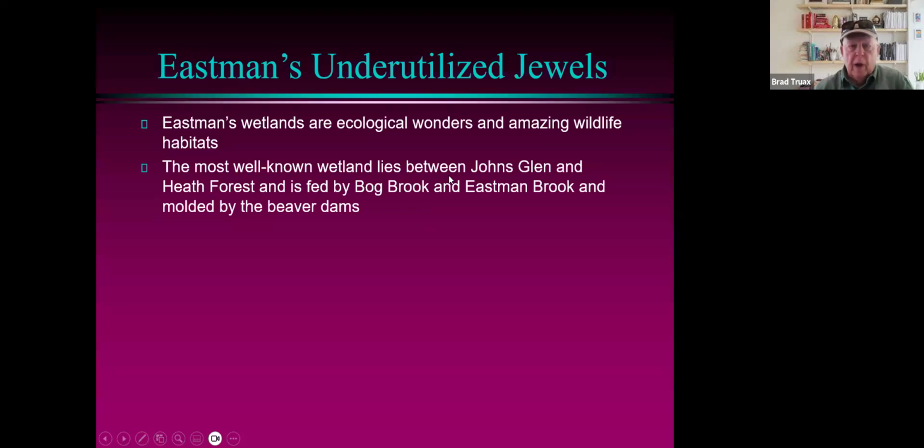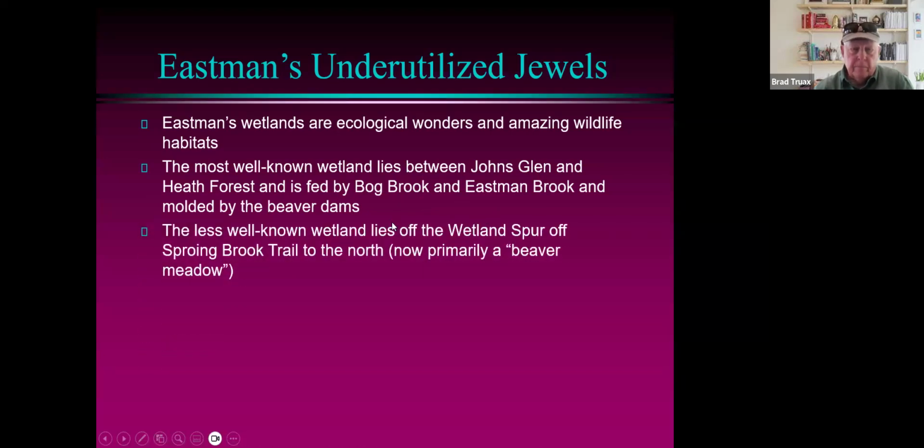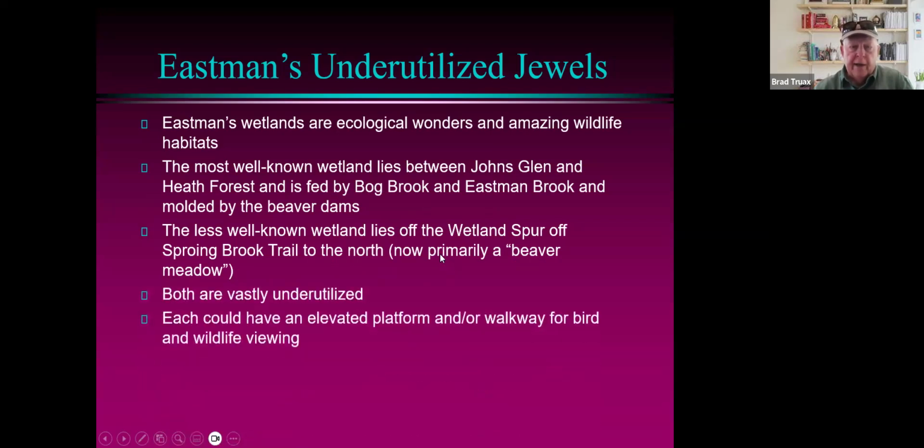The first, most well-known wetland lies between Johns Glen and Heath Forest, and it's fed by Bog Brook and Eastman Brook, and it's molded by the beaver dams that are there. The less known wetland lies off the wetland spur off Springbrook Trail on the north side of Eastman, and it's really now a beaver meadow rather than the type of wetland that we have to the south. And both of these are vastly underutilized.